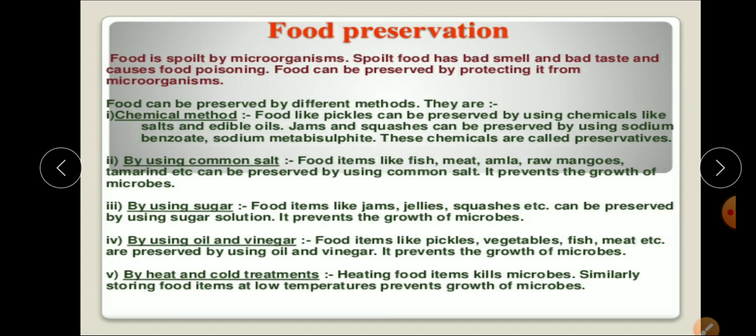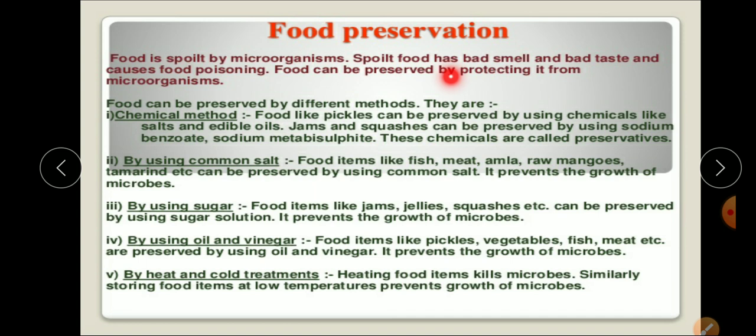Why? Because in pickles they use some preservatives so that it can last for a longer time, right? So what is the use of preservation? Food is spoiled by microorganisms.